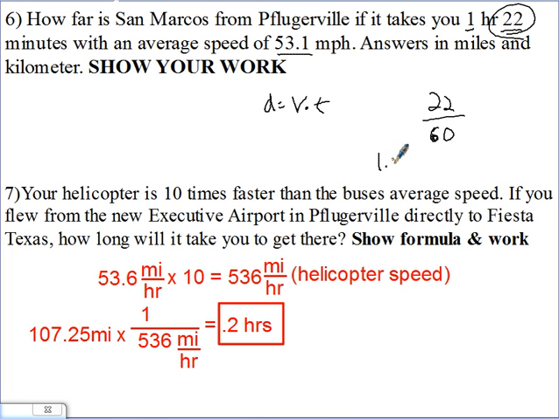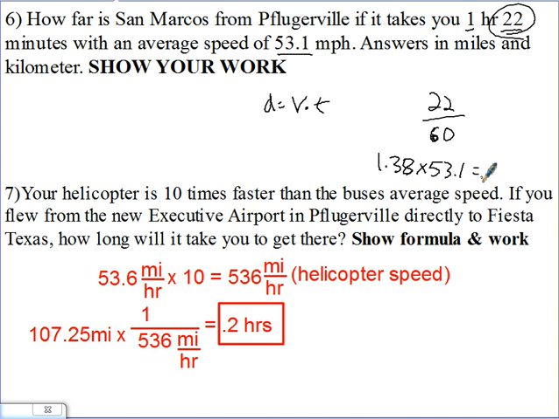That's about 1.38 hours that you're traveling, and you're traveling at 53.1 miles per hour. If you do that math, you'll get the distance San Marcos is away from Austin or Pflugerville.